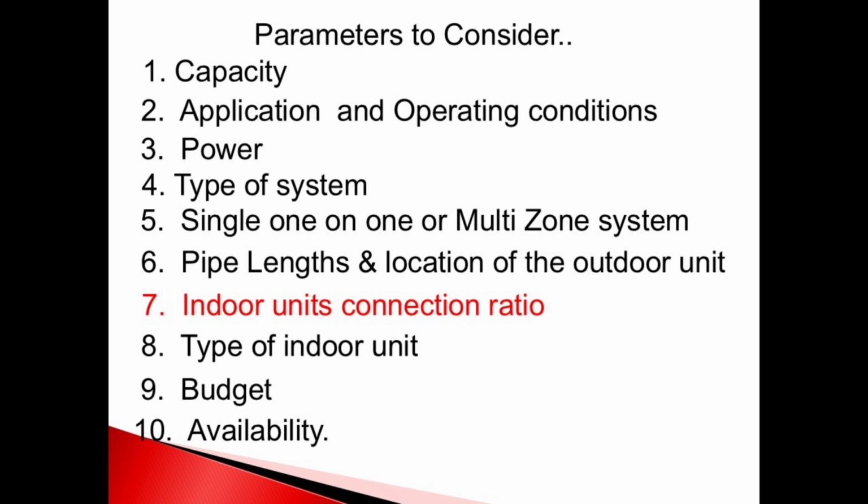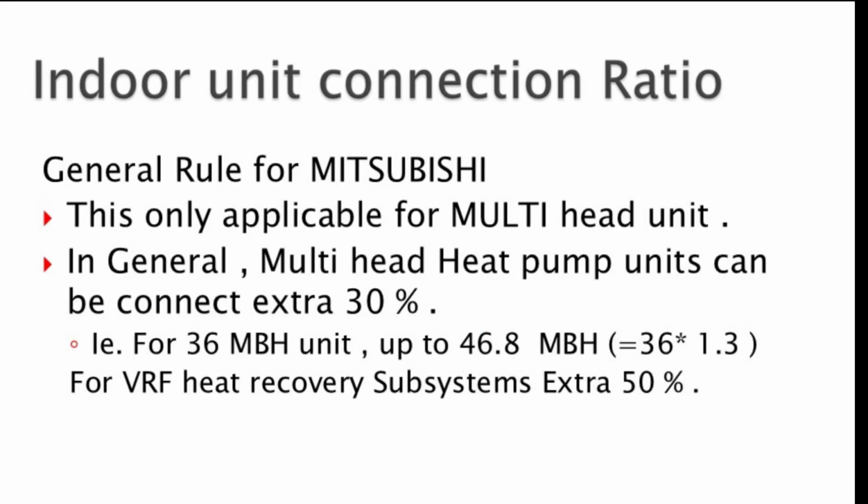Next topic I want to discuss: indoor unit connection ratio. When multiple indoor units are connected to one outdoor unit, they may not all run at full capacity. In this case, you can connect more indoor units than the outdoor unit's capacity. For Mitsubishi units, the total sum of the indoor unit's capacity should be less than 130% of the outdoor unit's capacity.